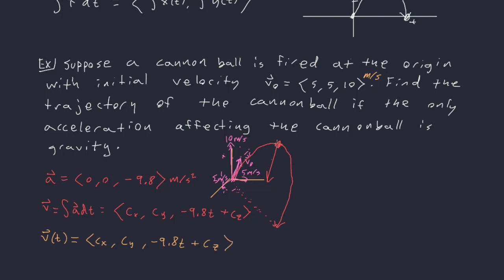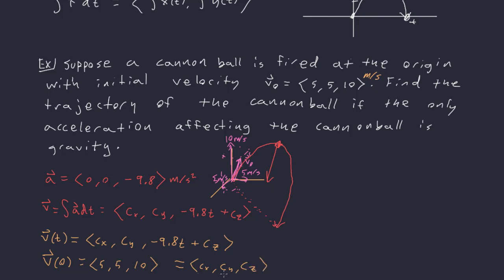All right, now from here, this is where we use that initial velocity. If the initial velocity is 5, 5, 10, that's telling us that v of 0 is 5, 5, 10. But now that we have an idea for the function itself, that means this is going to be cx, cy, and that goes to 0, cz.